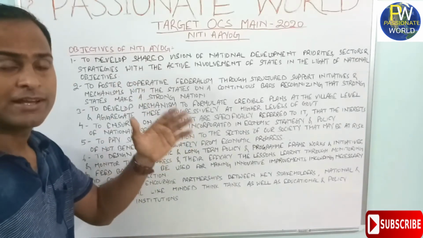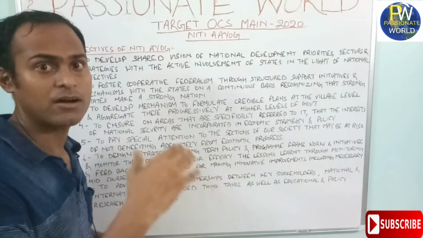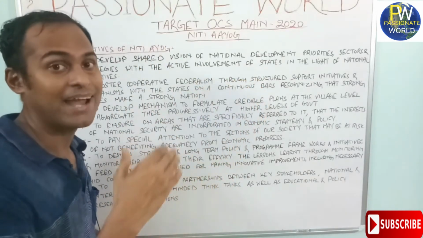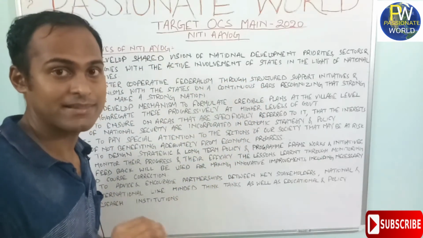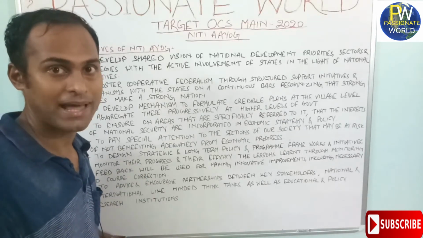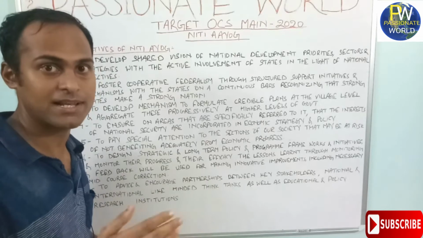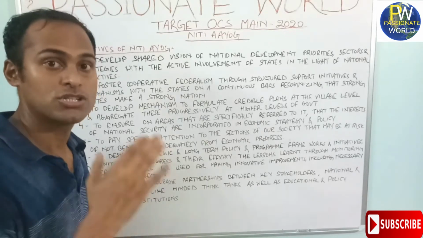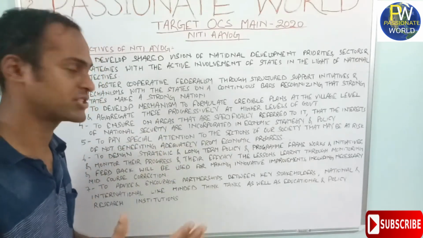Because if the nation makes objectives at the central level and they are not implemented on the ground, then there is a failure of the plan at both the state as well as the central level. So strong states make a strong nation.